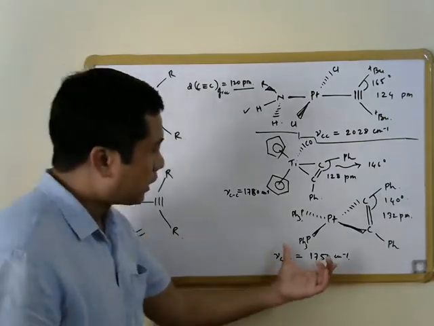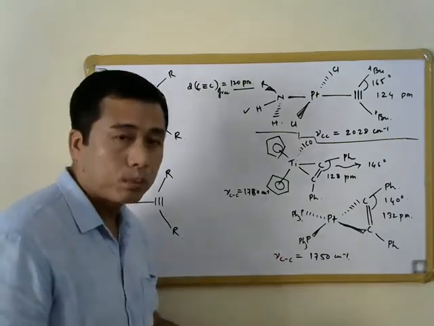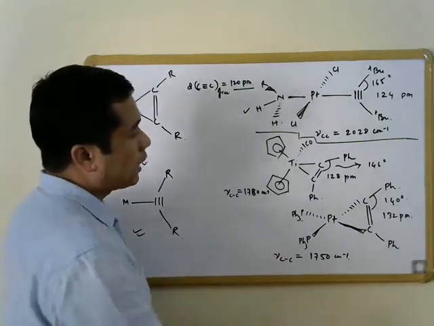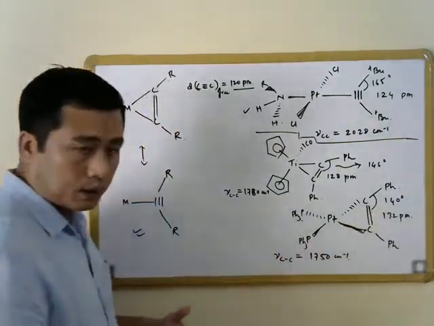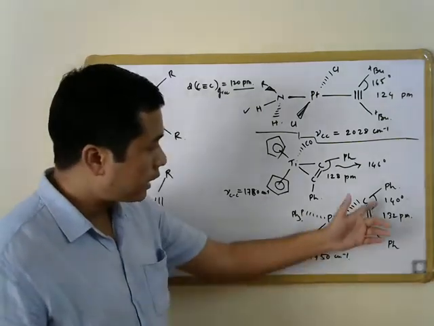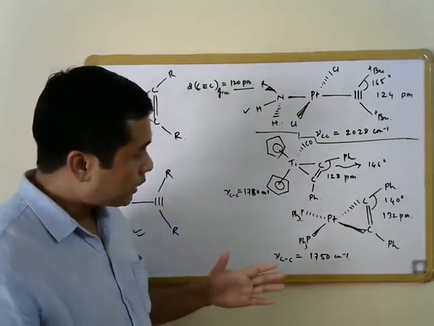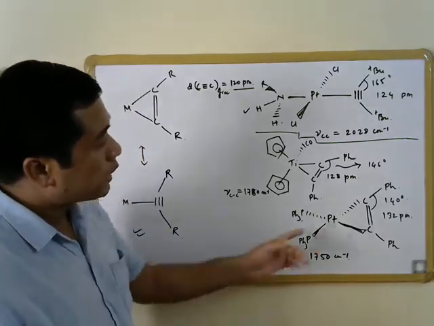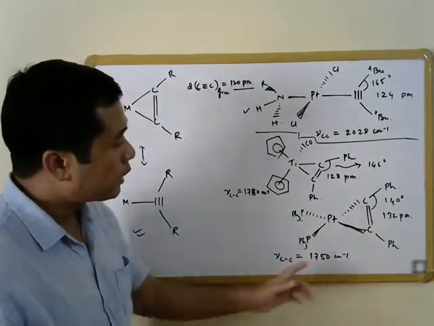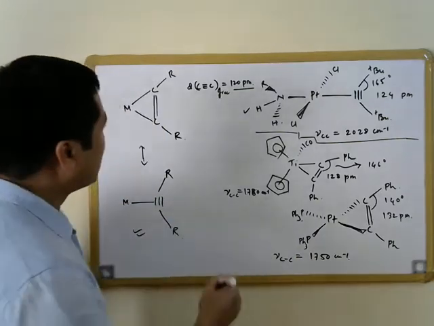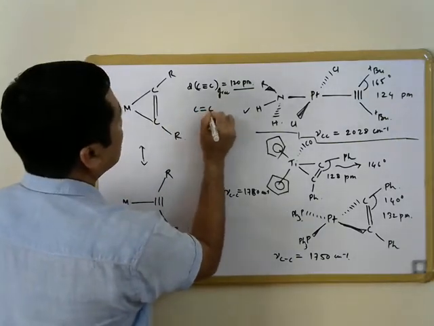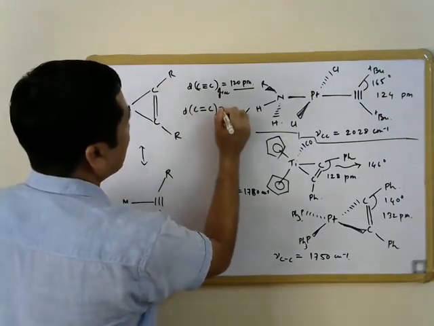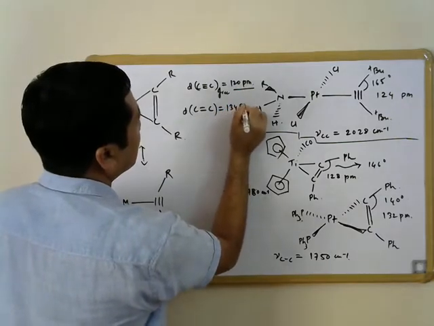Now, for the last metal alkyne complex here, we see that there is a large deviation of the C-C-C angle from linearity, as the angle has now decreased to 140 degrees, and also the C-C bond distance is now closer to the C-C bond distance in olefins, which is equal to 134 picometer.